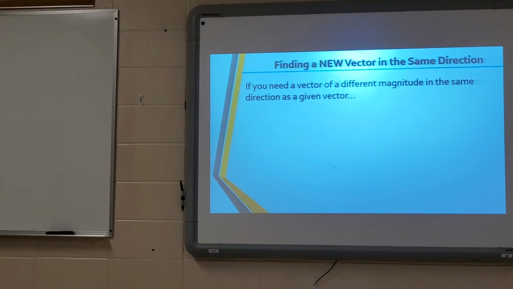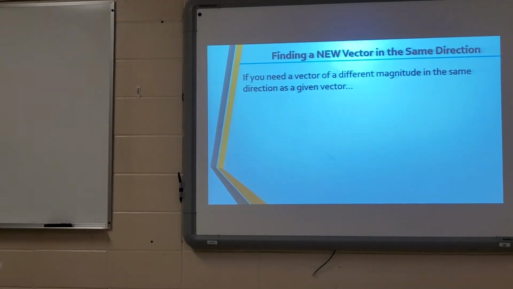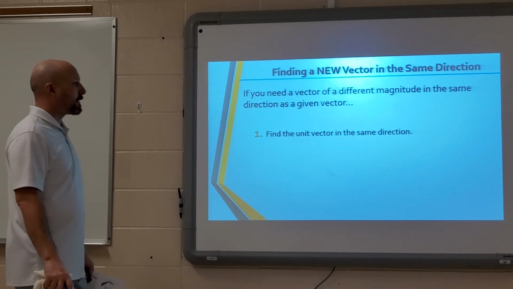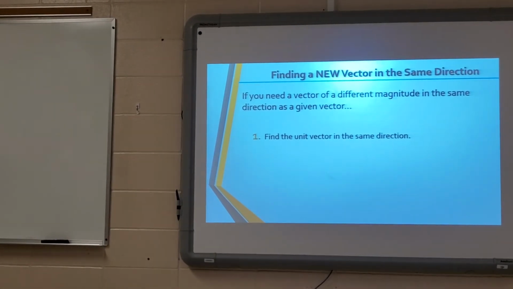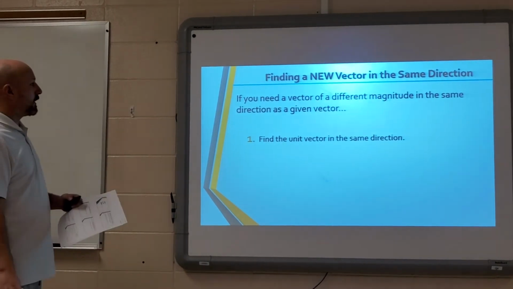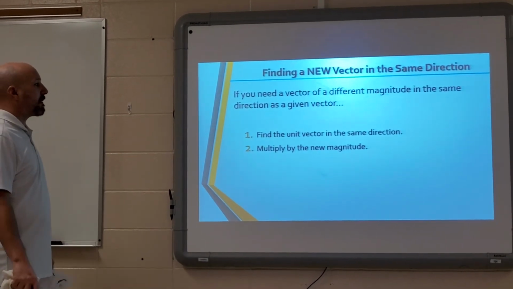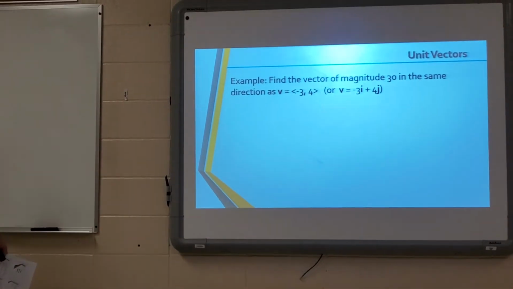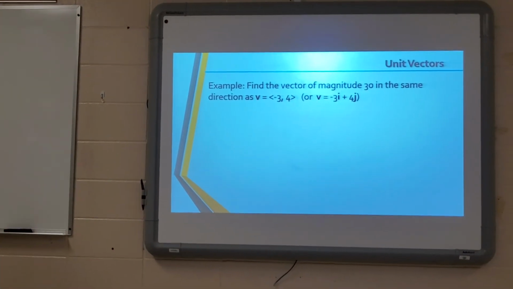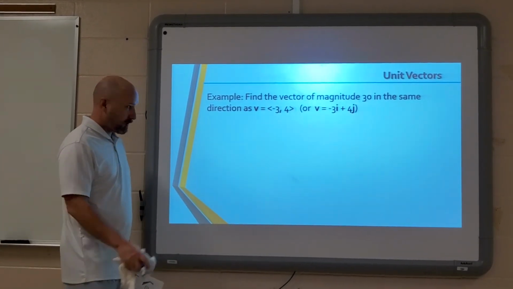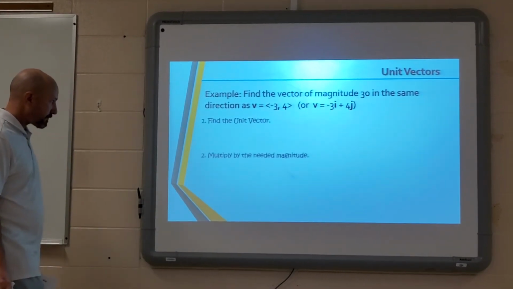If you need a vector of a different magnitude in the same direction as a given vector, find the unit vector in the same direction. So we just did that. Then multiply by the new magnitude. So find the vector of magnitude 30 in the same direction as v equals negative 3, 4. Same problem we did already.